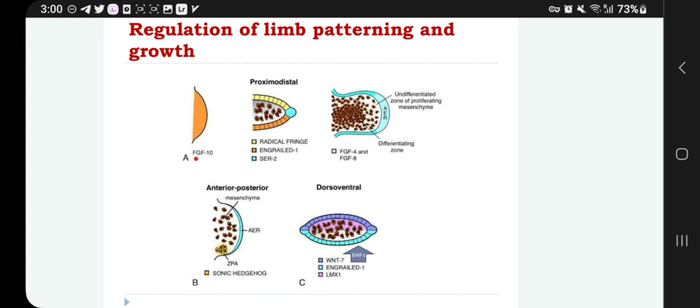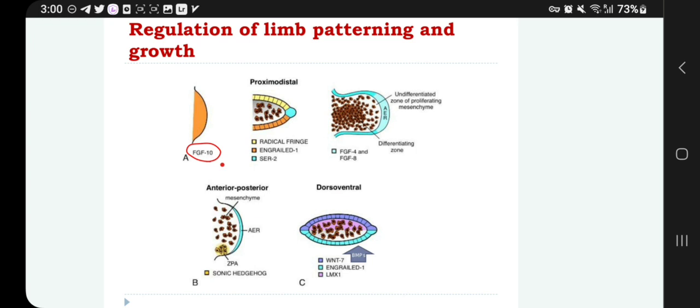Here it shows you this for the limb bud. The location is determined by the Hox gene, but the outgrowth occurs by FGF. FGF is a fibroblast growth factor. A growth factor is a substance that is secreted a little in the body, but it makes big changes in the body.